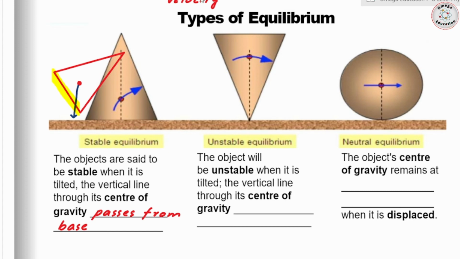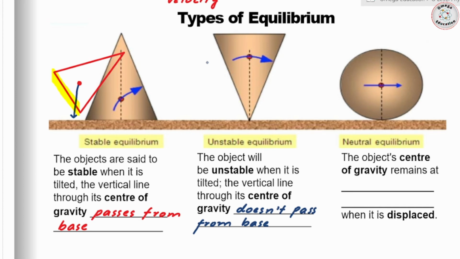Then we have the other situation, unstable equilibrium. In this case, the line of gravity doesn't pass through the base. Now, what would it look like? So this is a cone. In this case, I try to tilt the cone a little bit.